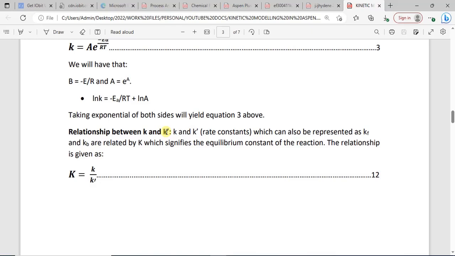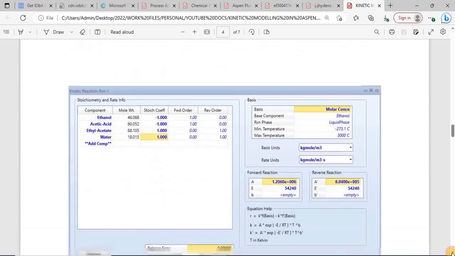So equation 12 shows us the relationship between K and K prime. You have K equilibrium, or capital K, is equal to small k over small k prime. That is kf and kb. So that's it.